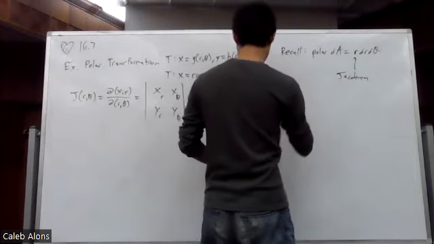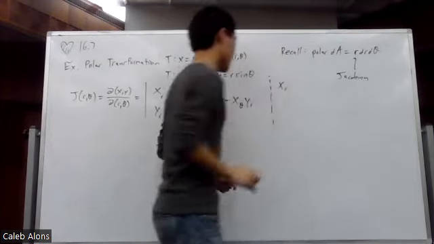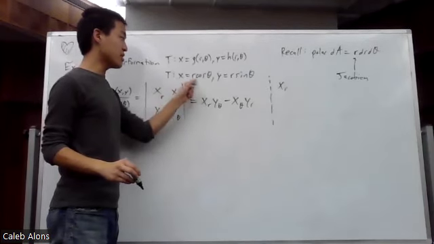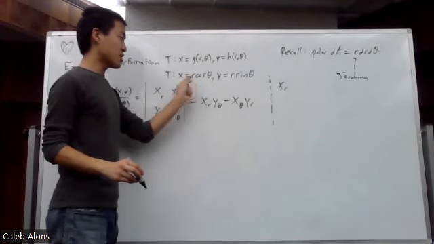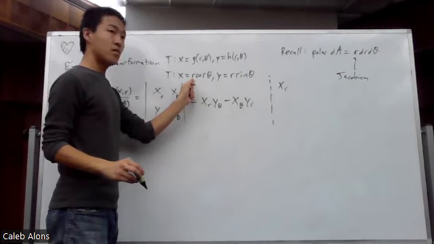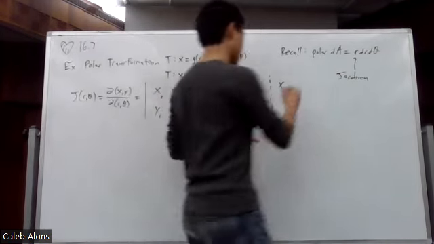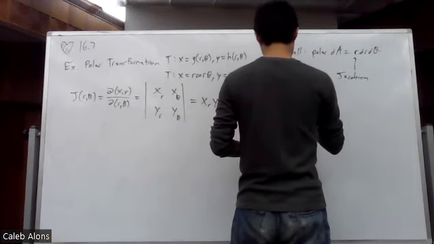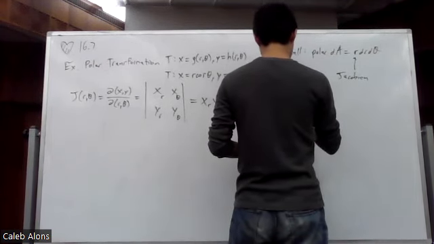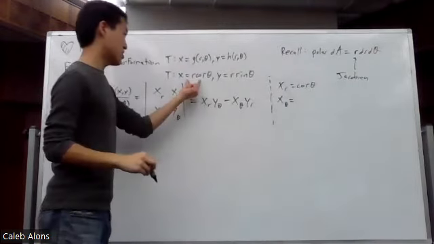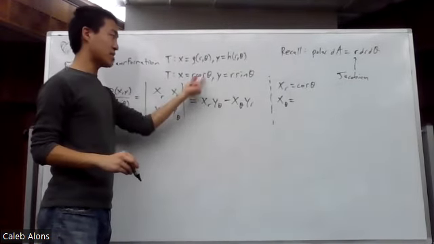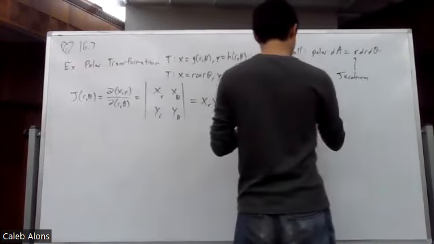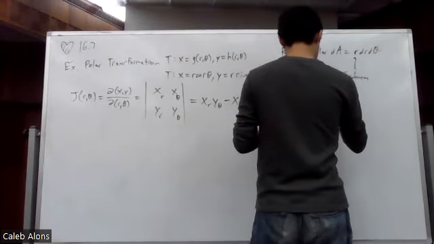So I can make my little list. I'm going to need to know what x_r is. Here's x, and if I differentiate this equation with respect to r being the variable, this is cosine theta. Okay, and then x with respect to theta. Now let's do this one again, but this time theta is the variable, r is constant. We have r sine theta, good, minus r sine theta.